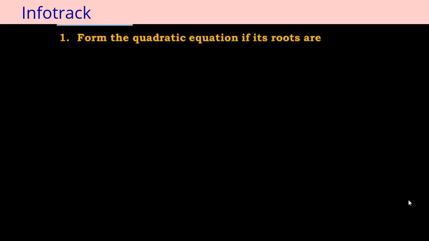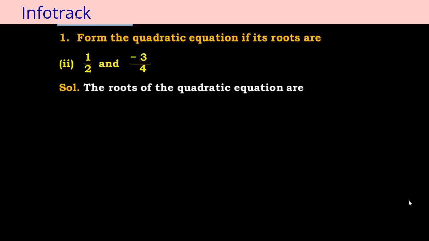See the question number 1. Form the quadratic equation if its roots are 1 upon 2 and minus 3 upon 4. So we can write the roots of the quadratic equation are 1 upon 2 and minus 3 upon 4.